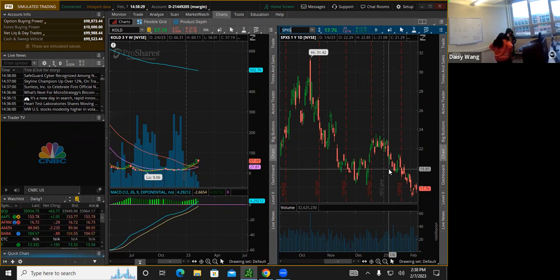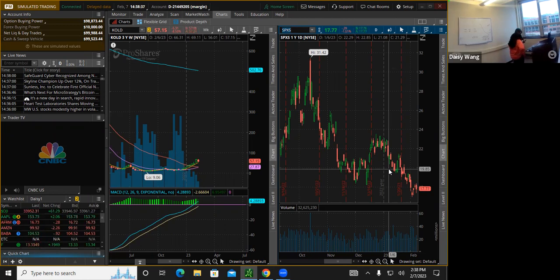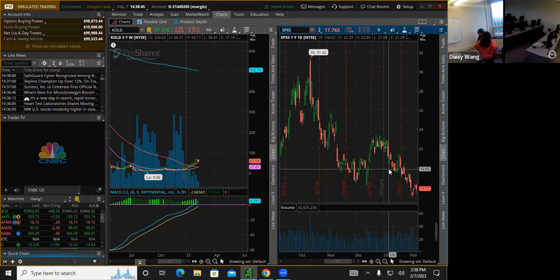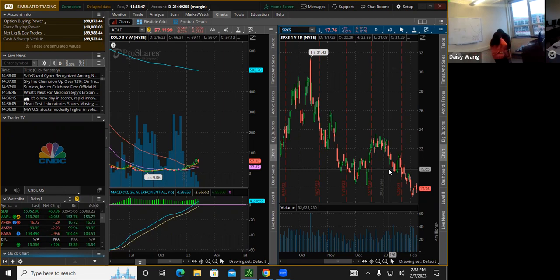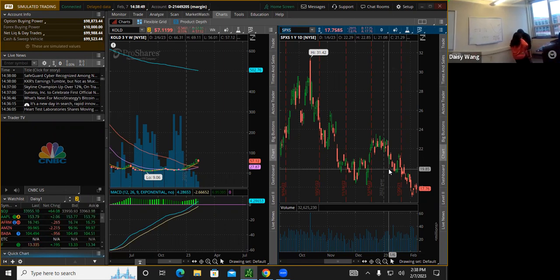Okay. So I'm selling a 410 put. See that? So that means if it's lower than 410, this is your loss. The red part is this, when it's under 410.